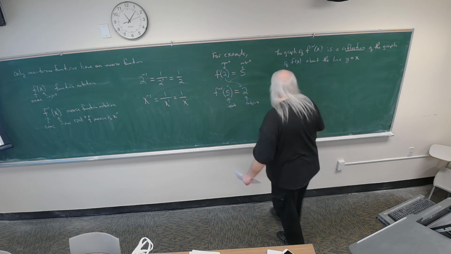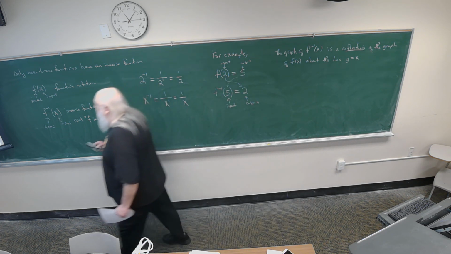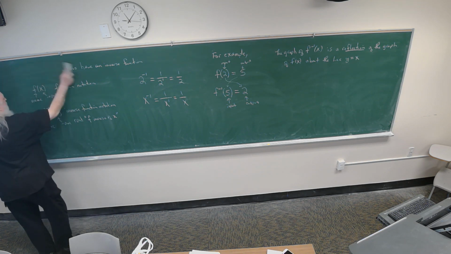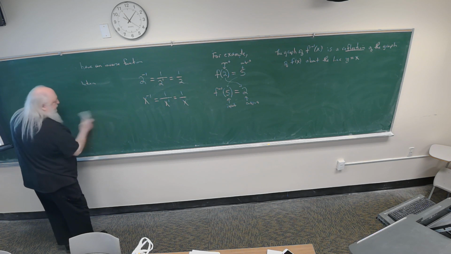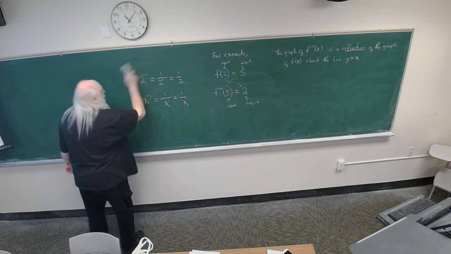And the line y equals x is a diagonal line that makes a 45-degree angle with the x-axis.